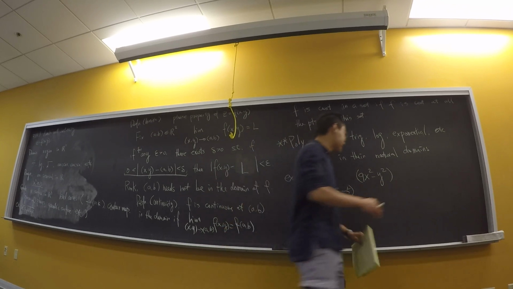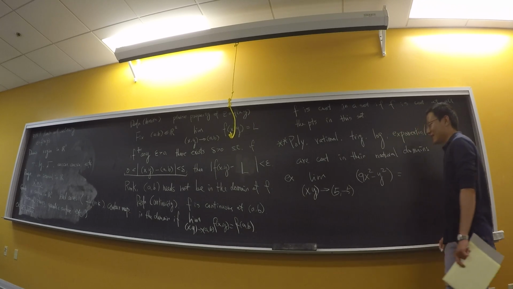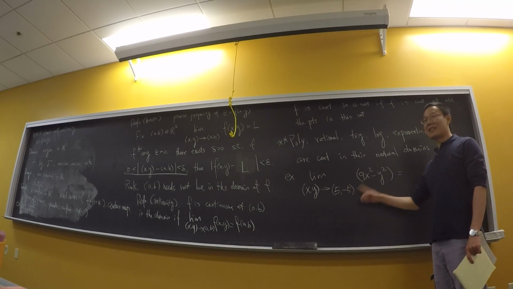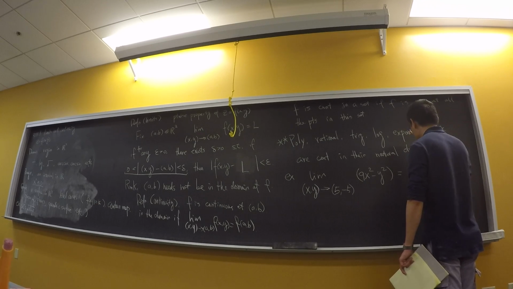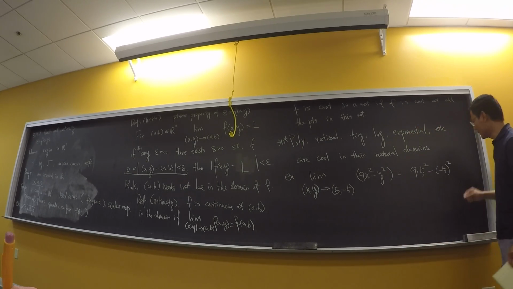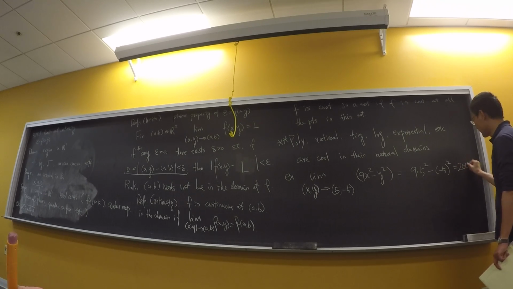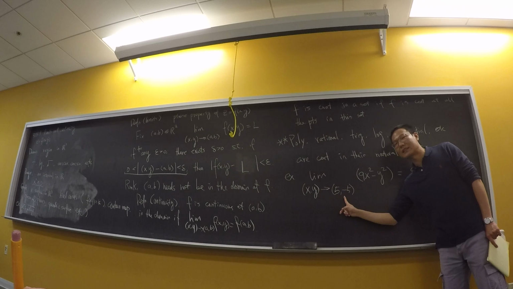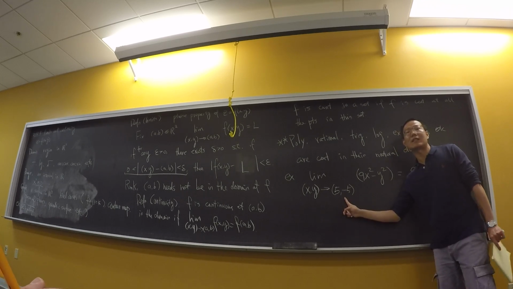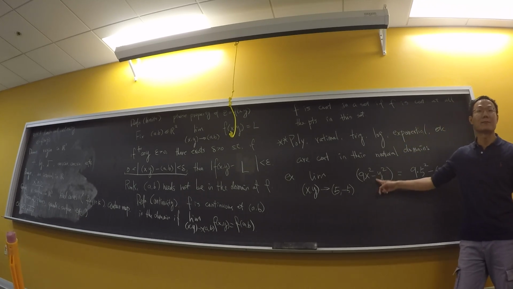Then what do I do? Just plug into this formula. It's going to be 9 multiplied by 5 squared minus 5 squared. It's going to be 200. So the only thing I did is to check this fixed point is in its natural domain, and then I just do a plug-in.